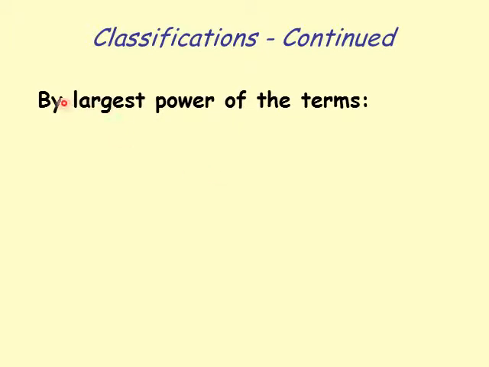We can classify by the largest power of the terms. In this expression, a x cubed has power 3, so its flag value is 3. The next monomial is b times x to the 5th, so the flag value of the second term is 5, and that of the third term is 2.